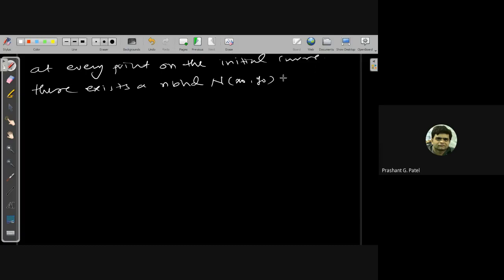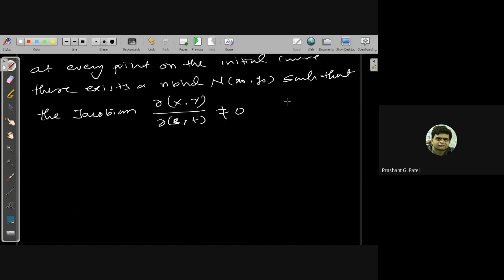This is a very important result, such that this Jacobian, the gradient del of (x,y) upon del of (s,t), is non-zero.